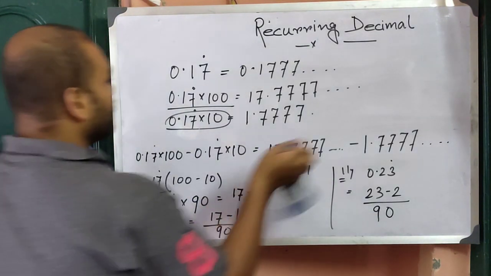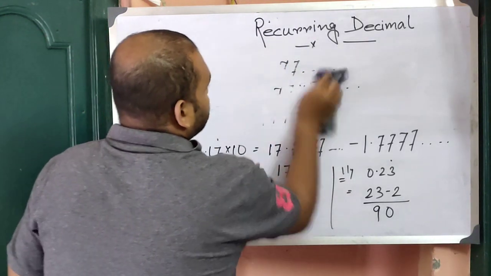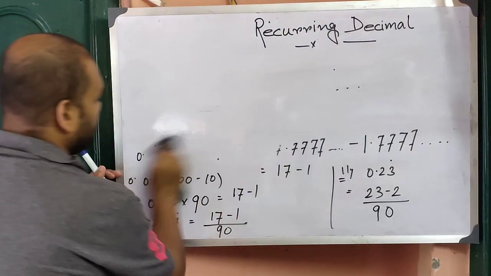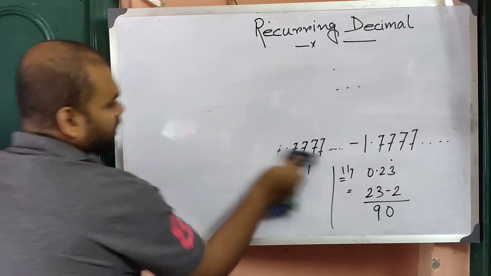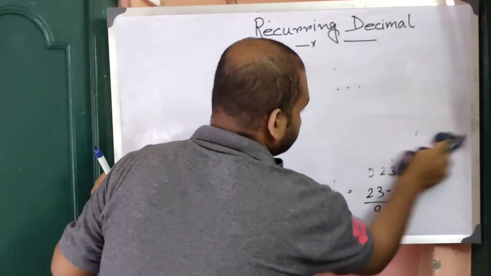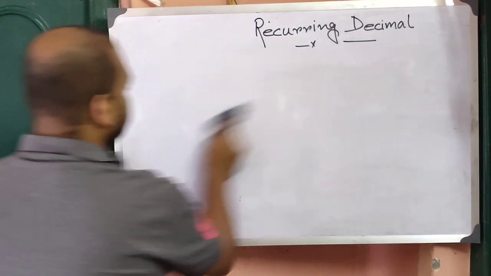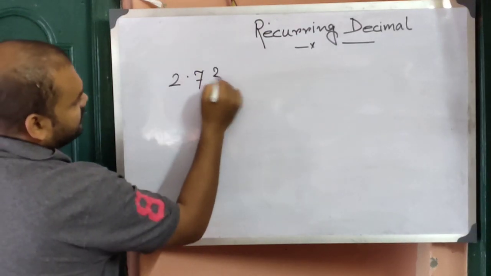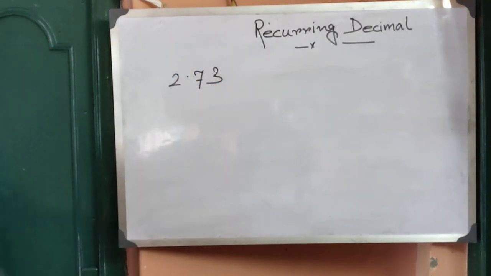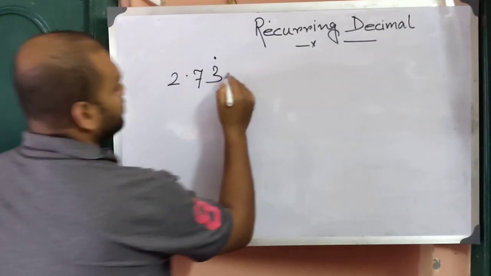Now in case of a number which has not only a decimal part but also a whole number part, suppose 2.73 recurring, and only the 3 is recurring here. So how to write it down? Very easy.